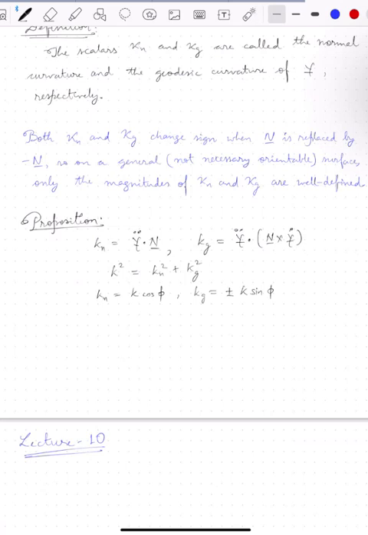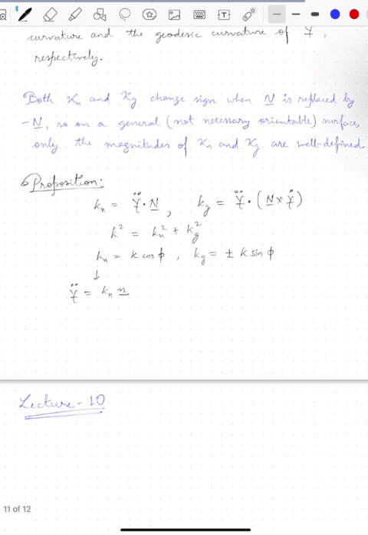This follows since we know that gamma double dot is equal to kappa times some normal vector to the curve.